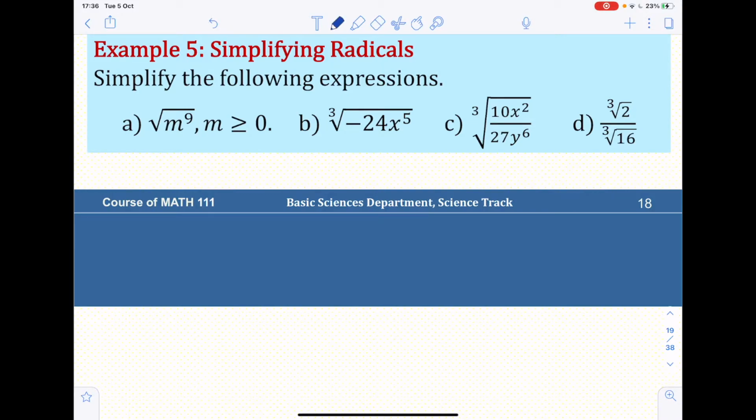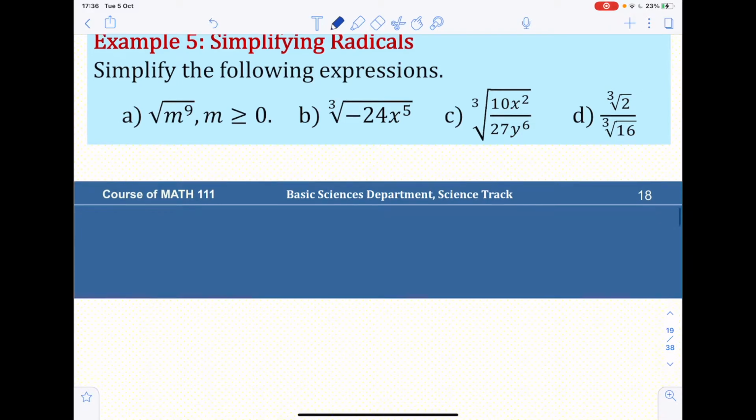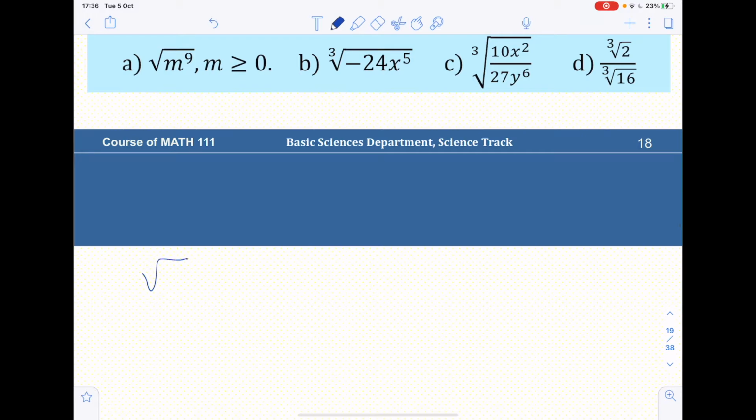So here we have an example: the square root of m to the power 9. As we said, if there is nothing written here, it means 2. So I need this power to be a multiple of 2, but there's no way I have 9 as 2 times something. So what should I do here?